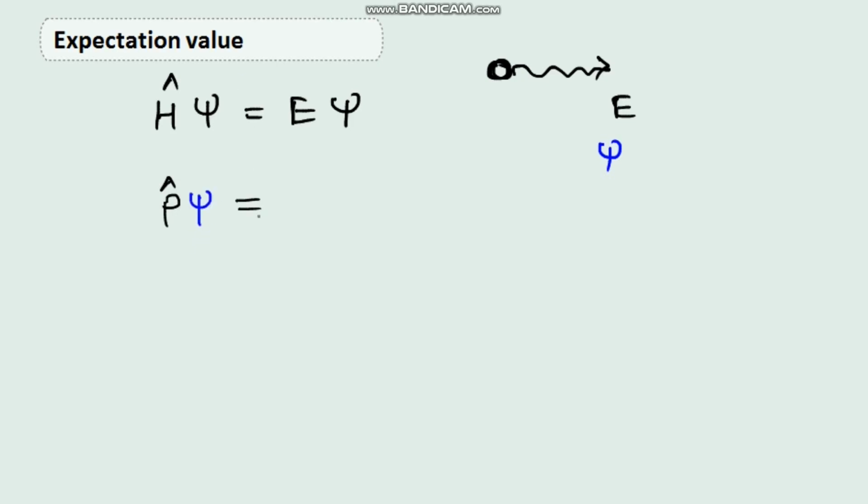But last time we saw that it does not give a p psi type of solution to this equation. That means psi does not always follow as an eigenfunction for other equations. So psi can be an eigenfunction for this equation but cannot be for other equations. And then we use psi as a combination of more than one wave function.